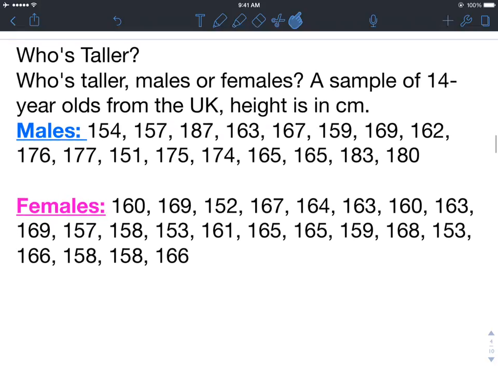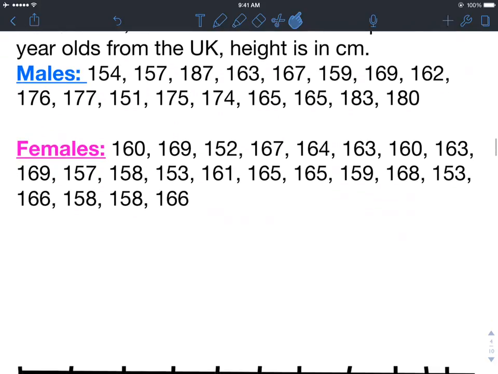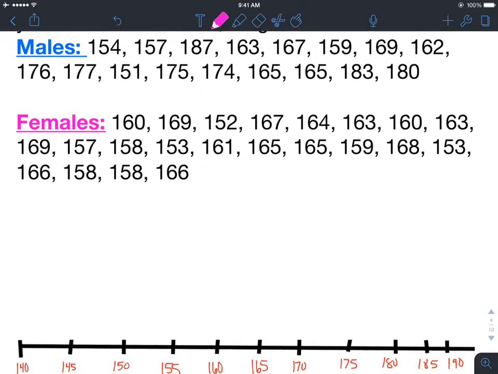Let's look at the same data, who's taller, males and females, and let's look at a dot plot. My blue dot will represent the males.